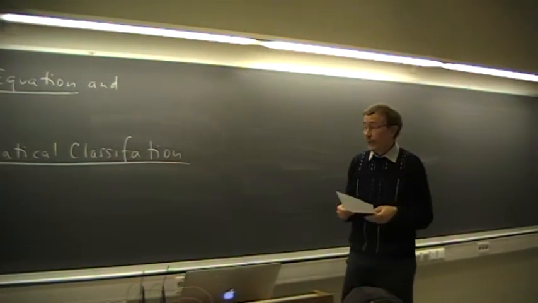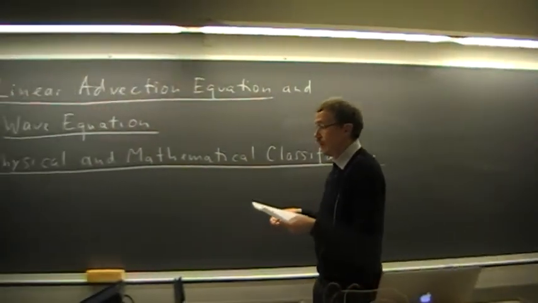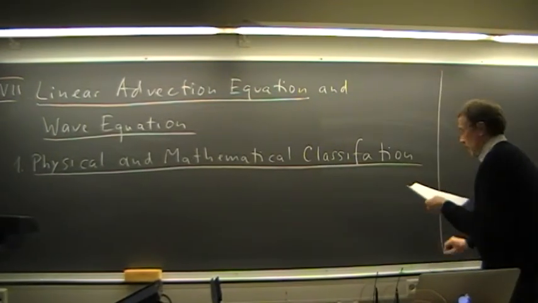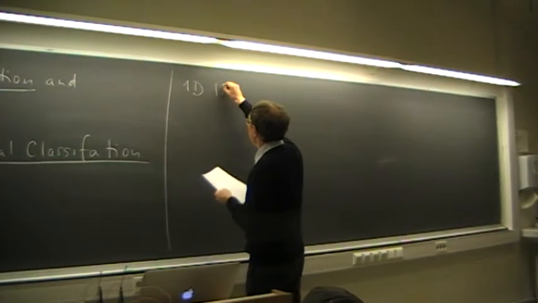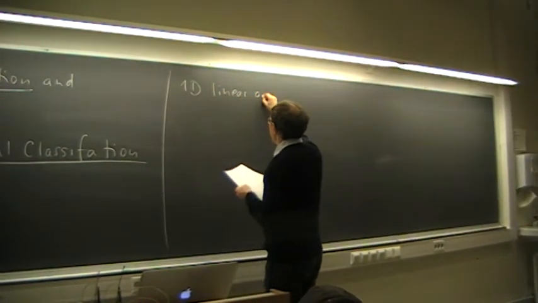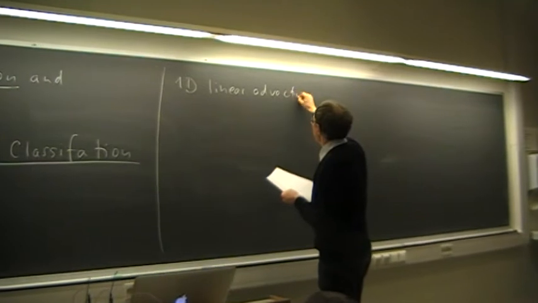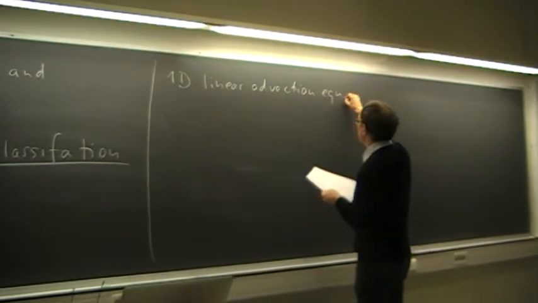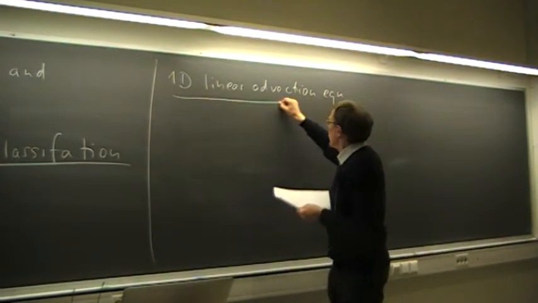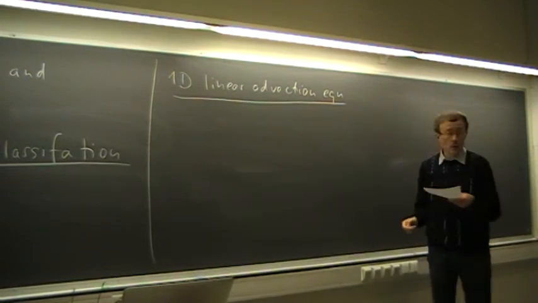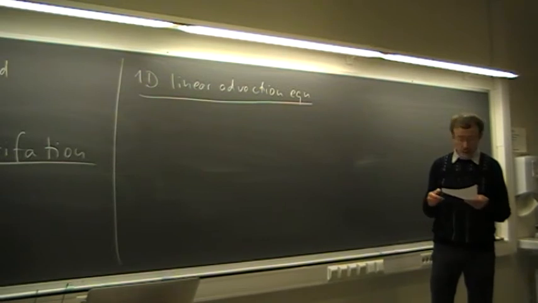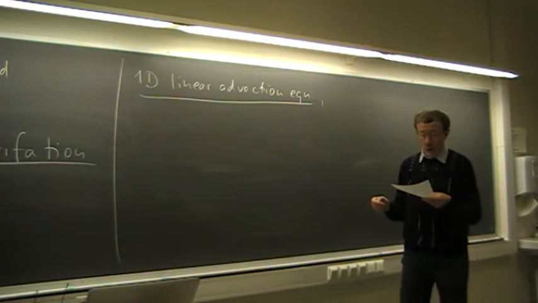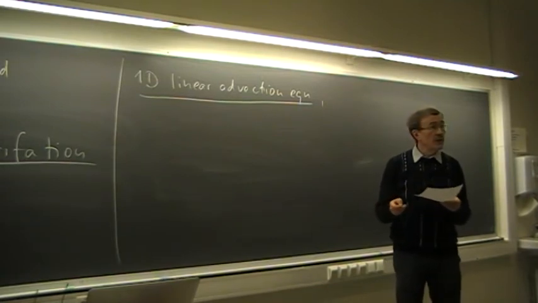And we start with the one-dimensional linear advection equation. That is sometimes also called a convection equation or 1D linear convection equation, or in the book it is also called first order 1D wave equation.